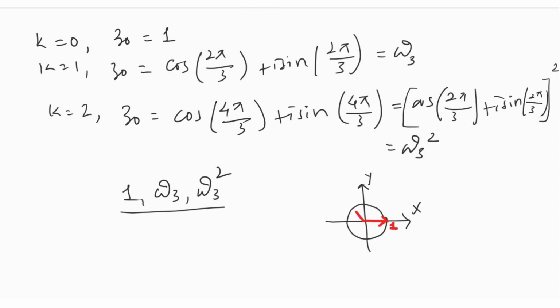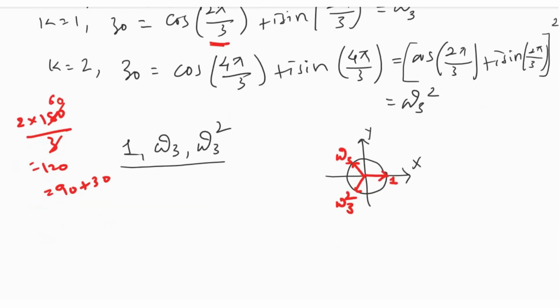It is here, because the angle is 2 pi by 3. 2 pi by 3 means it is 2 into 180 by 3, so it has to be 120, so it is 90 plus 30, and this is 4 pi by 3, that is omega 3 square will be here. So that is the way this cube root of unity are located.